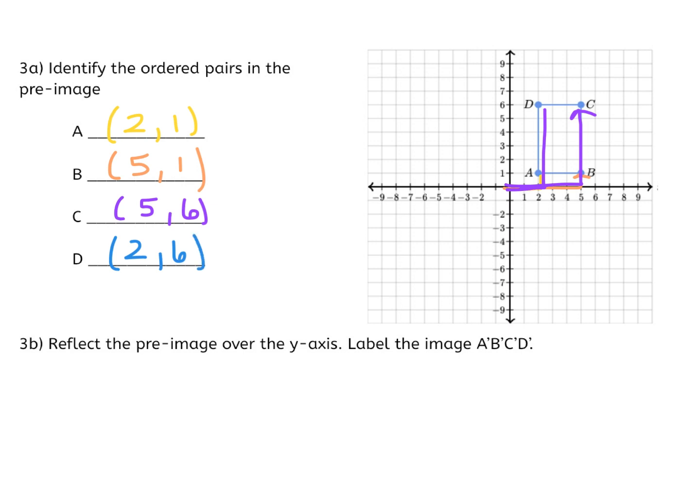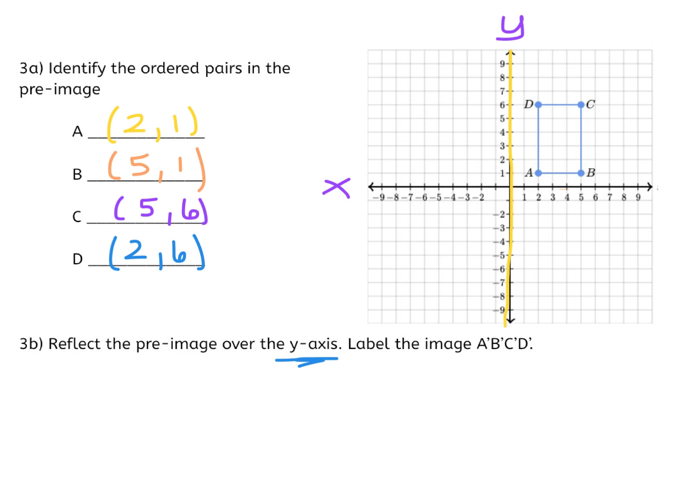Now we're going to reflect over the y-axis. So we're reflecting or flipping over the y-axis. You need to know that the horizontal side-to-side axis is the x-axis, and the up and down is the y-axis. So we're going to flip over the y-axis.